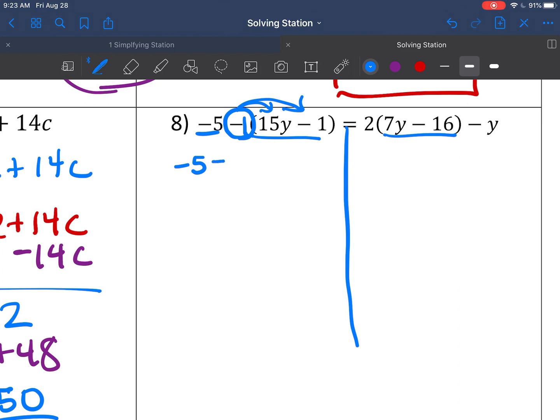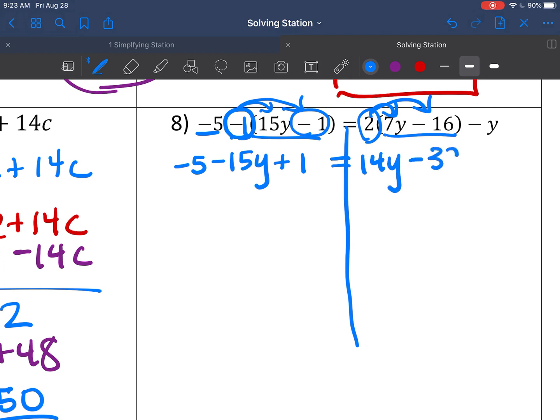So I'm going to copy down that -5 I've done nothing with. -1 times 15 is -15y. -1 times this -1 is +1. Distribute this 2, gives me 14y minus 32.